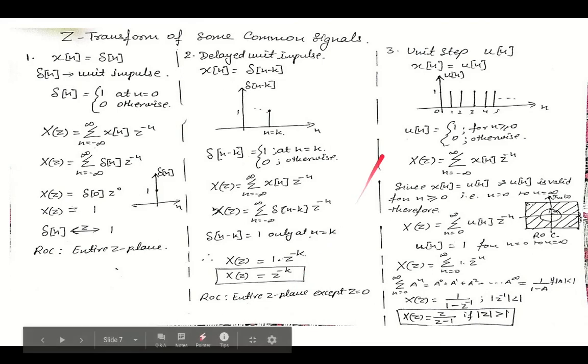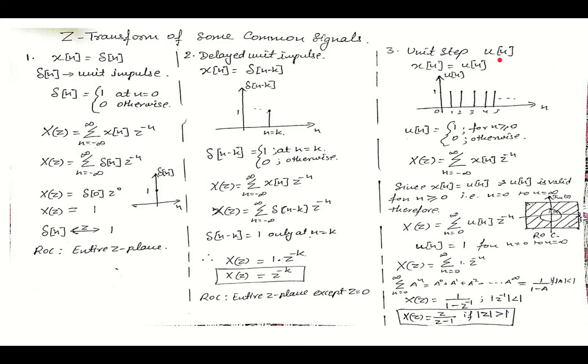Next is the unit step function, that is the unit step sequence u[n]. As we all know, its value is 1 for all n greater than or equal to 0. So this is basically a causal signal.